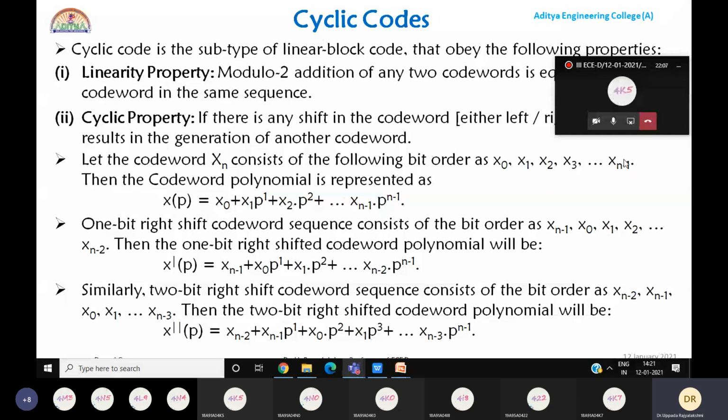Once you right shift the data, this xn minus 1 will come first and the order will be xn minus 1, x0, x1, x2 and so on.